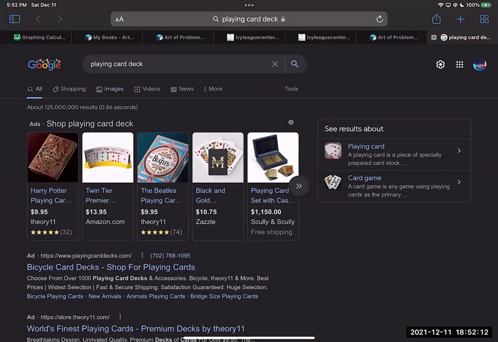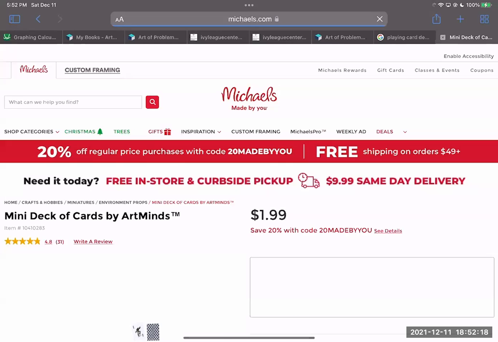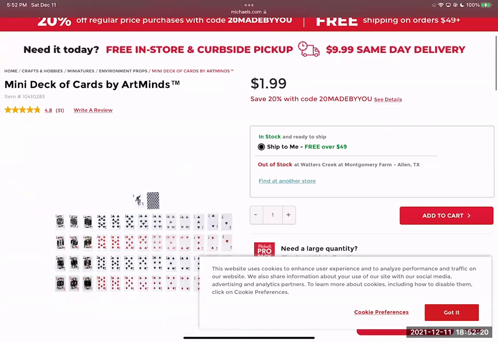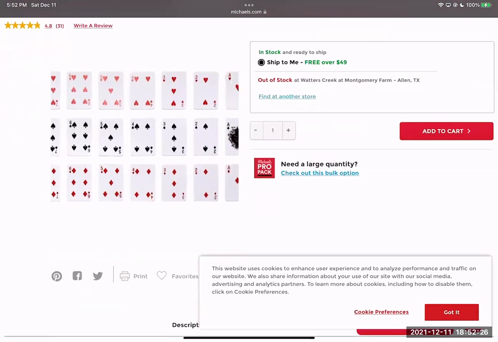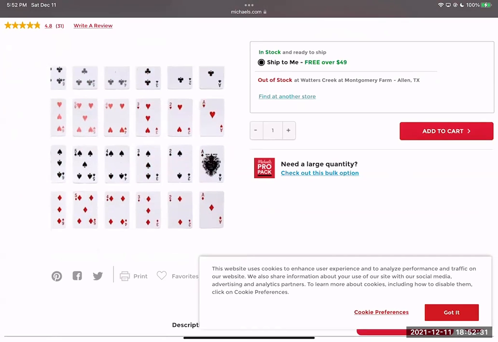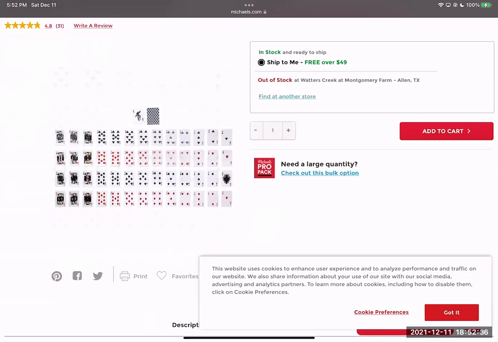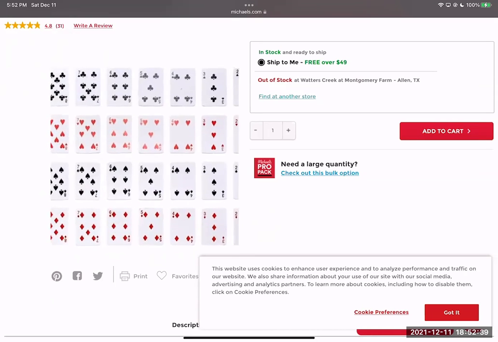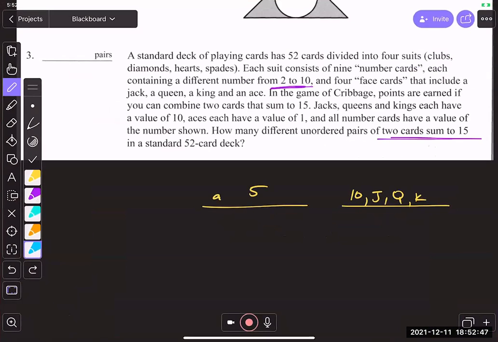So you can see here, right, that each of your cards, there's clubs up here, right? Hearts, spades, and then diamonds. But you can see how there's 4 different 5s here, right? Yep. So that's why there's 4 different choices for you here, because there's 4 different 5s that you could pick from, right? You could have picked any of the 4 suits. You could have picked clubs, diamonds, hearts, or spades.